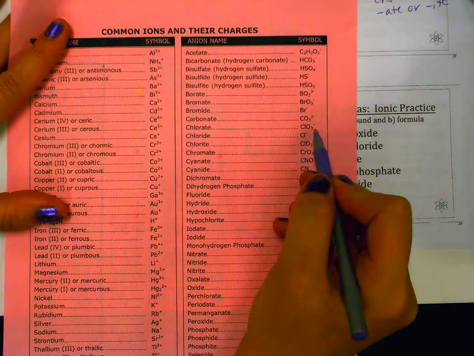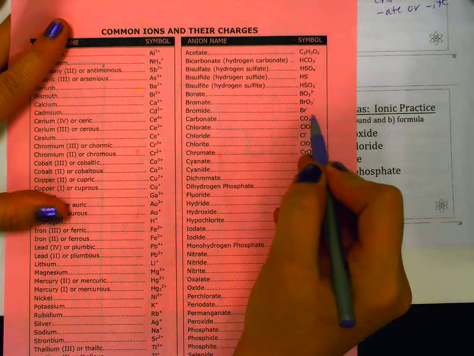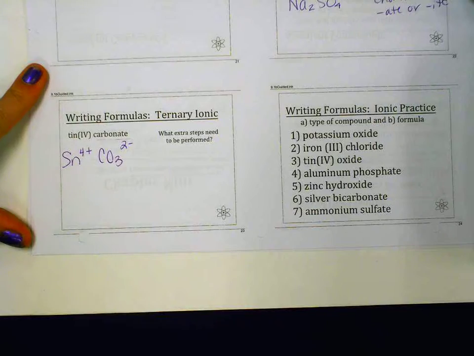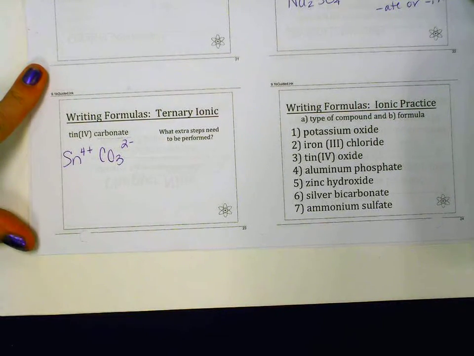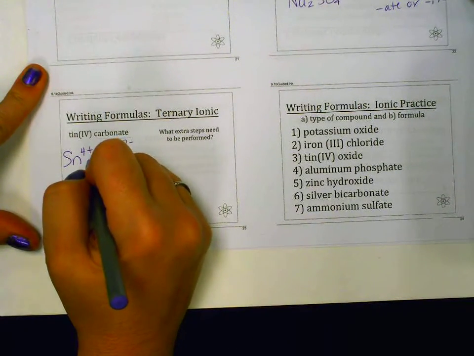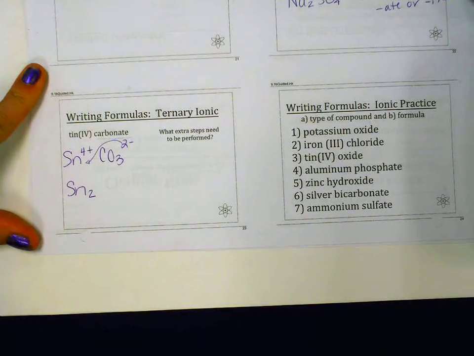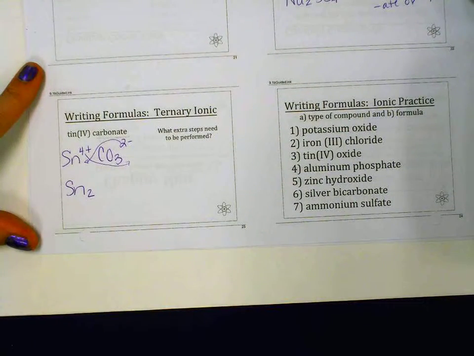CO3 with a 2 negative charge. I do the same thing, just crisscross the ions. So the 2 is going to go there, Sn2, and the 4 there.